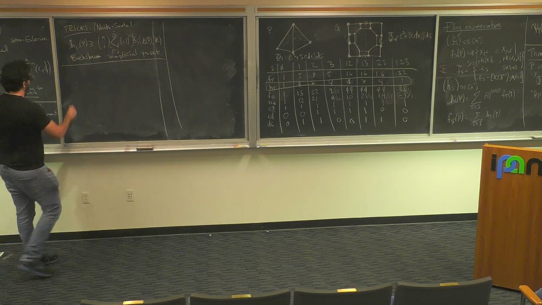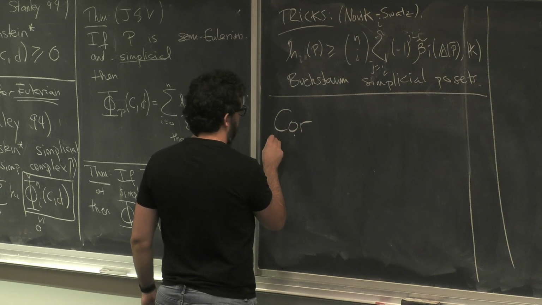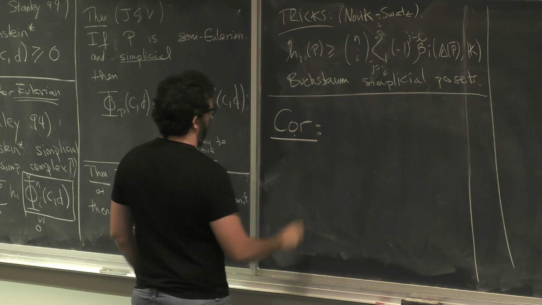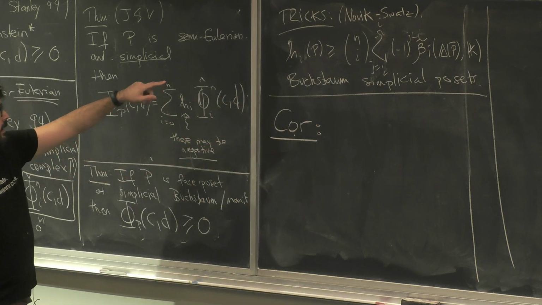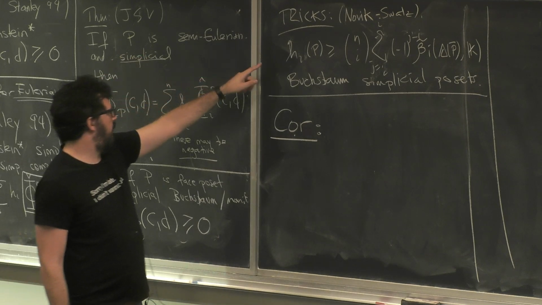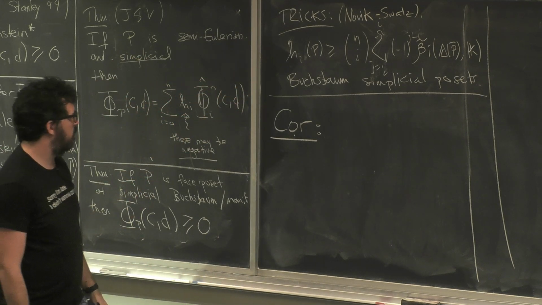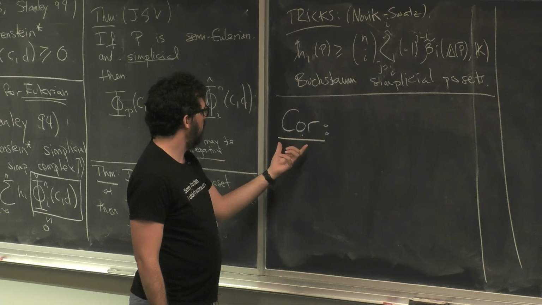Yeah, it's a lot of combinatorics, but let me tell you a nice corollary. First of all, in the case of odd-dimensional manifolds, this non-negativity was an old conjecture of Isabella Novik.